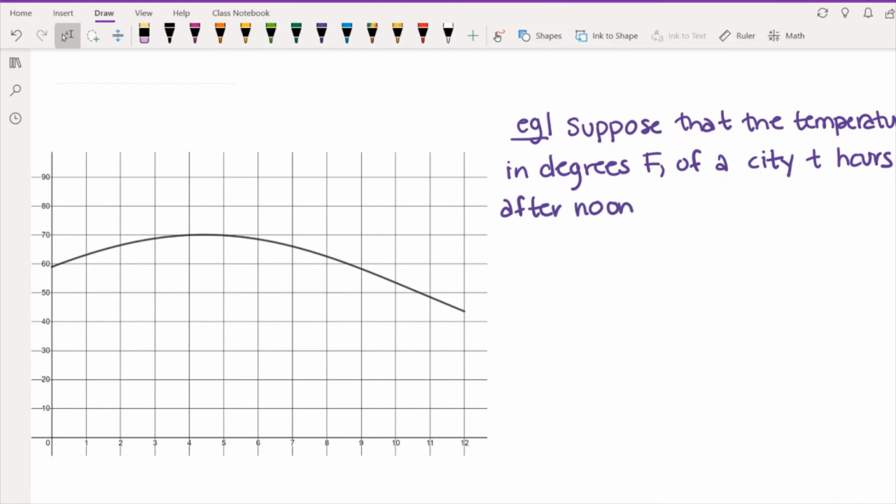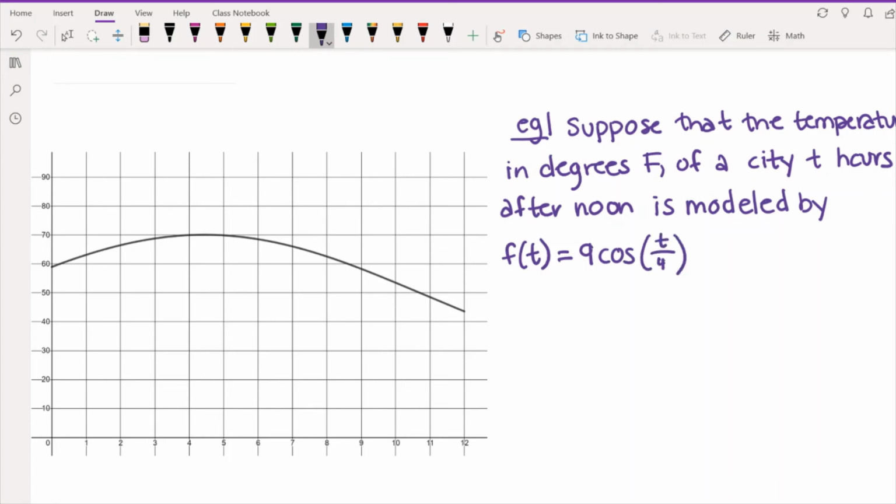So t equals 0 will be noon, t equals 1 will be 1 p.m., and so on, is modeled by the following function. So f of t is equal to 9 times cosine of t over 4 plus 18 times sine of t over 4 plus 50.